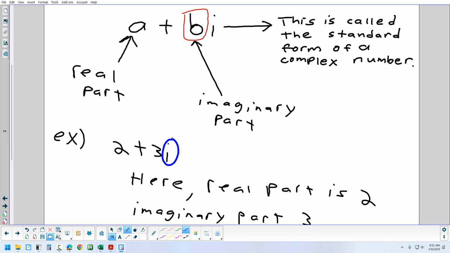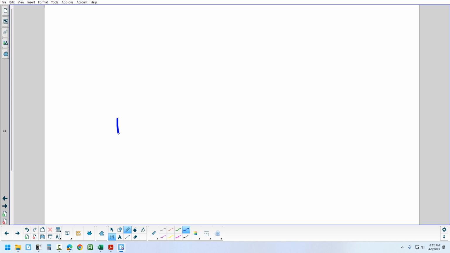Okay, so a lot of times in algebra, you pick a letter. We use the Greek alphabet, sometimes we use the English alphabet, depends. But a lot of times a letter is a variable. In this case, that letter is not a variable.